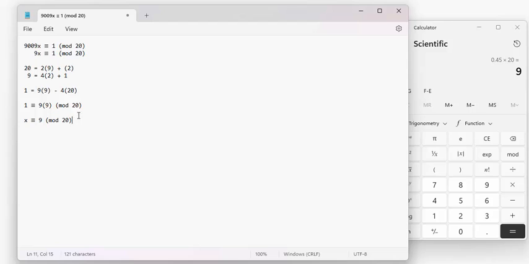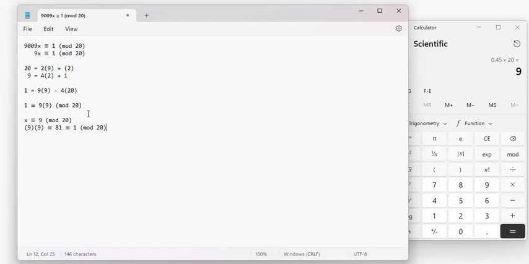because obviously 29 is also the solution. But let us check this using our calculator. 9 multiplied by 9, sorry, 9 multiplied by 9 congruent to 81, congruent to definitely 1, congruent to 1 mod 20.